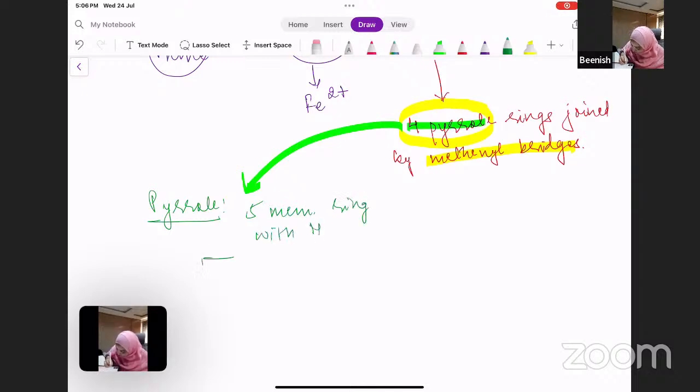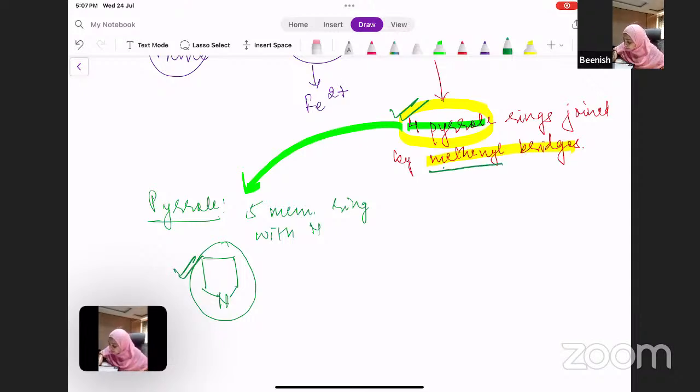So if I draw a pyrrole for you, it is going to look like this. Okay, so this is a pyrrole. Now I'm saying porphyrin has 4 such pyrroles. So your porphyrin is a tetrapyrrole. So 4 such pyrrole rings are joined together by methynyl bridges.